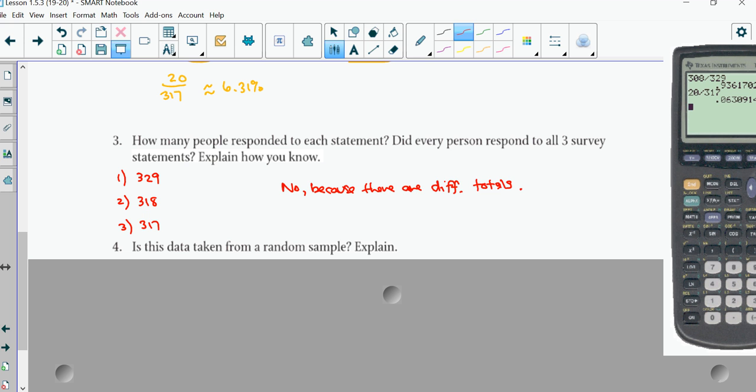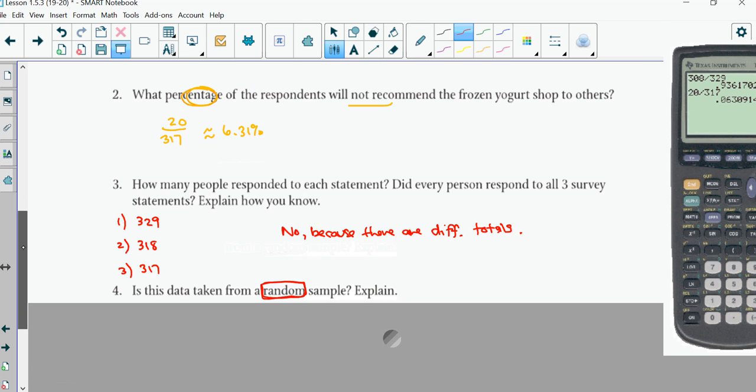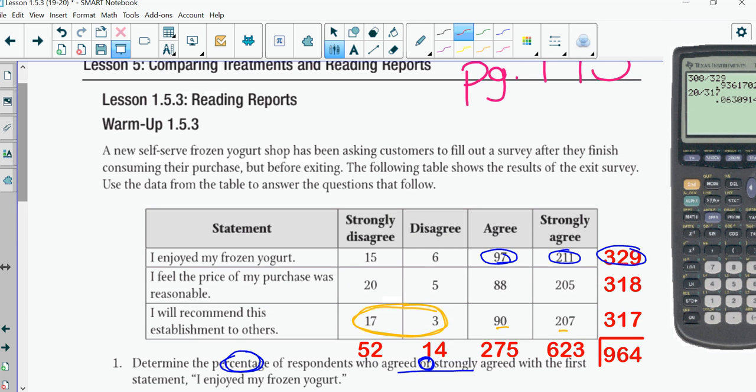Okay, and then the last question, is this data taken from a random sample? A random sample means that you're not targeting anybody in specific, meaning older people, younger people, boys versus girls, athletes versus non-athletes, people who have time versus who don't have time. And if you go back, it says that the shop has been asking customers to fill out a survey after they finish consuming their purchase, but before exiting.